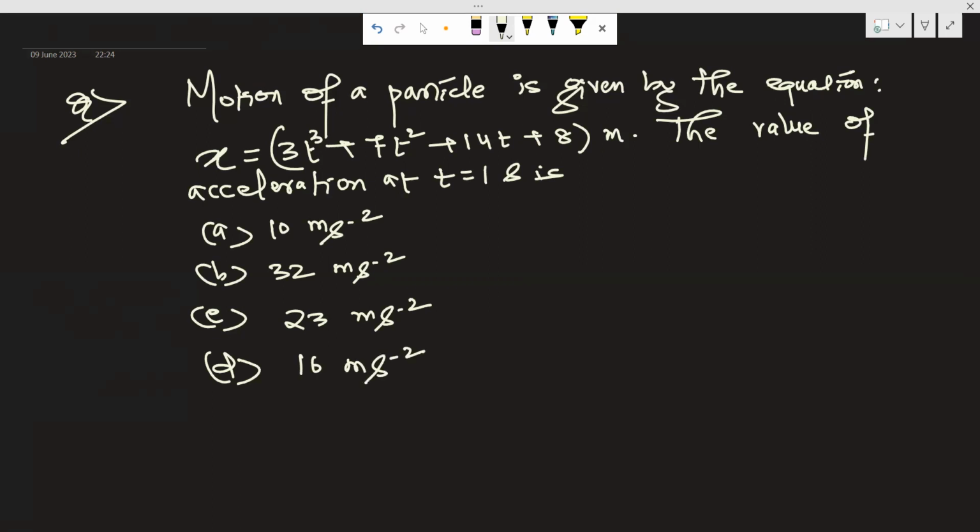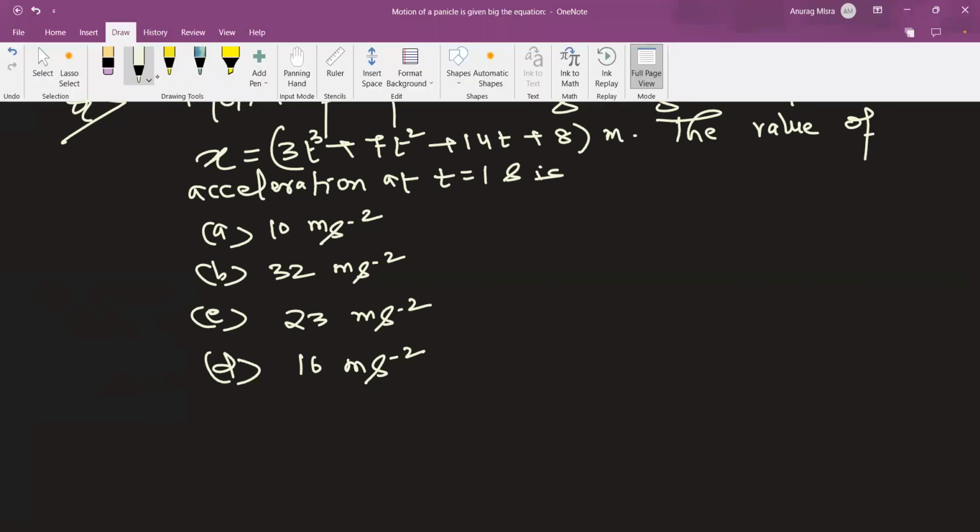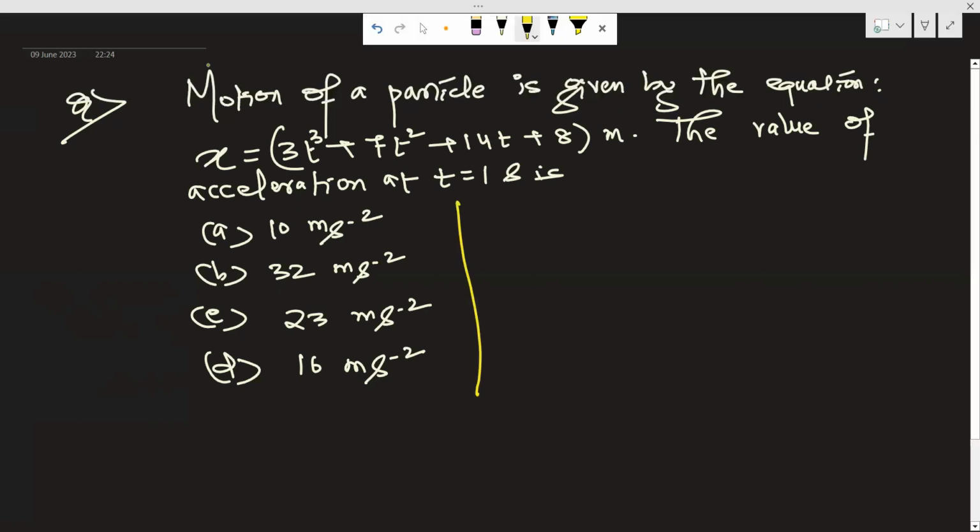तो देखो यहाँ पे s मतलब displacement या position दिया हुआ है, हमें time दिया हुआ है. We have to find out the acceleration. So as I said, first you have to calculate velocity which is ds dt.